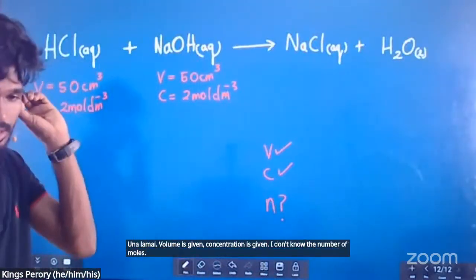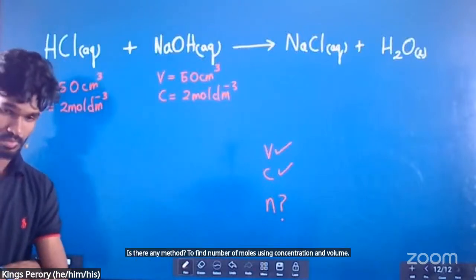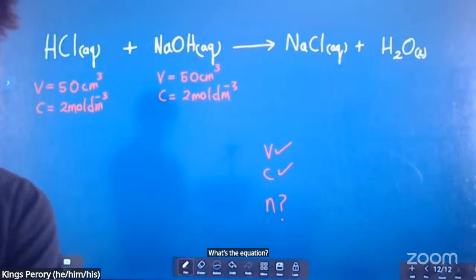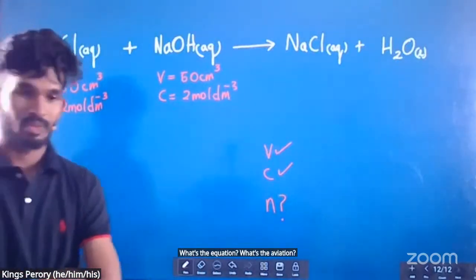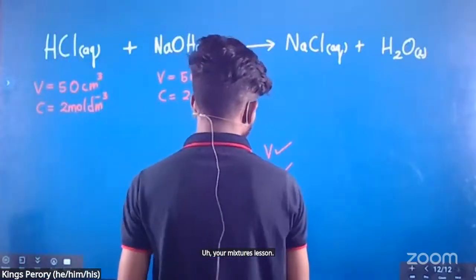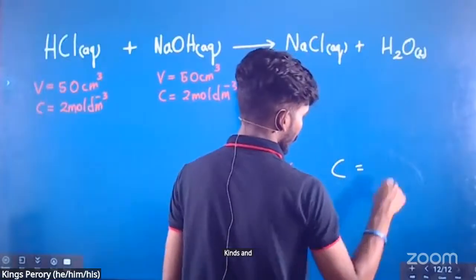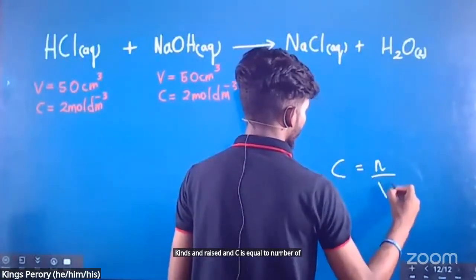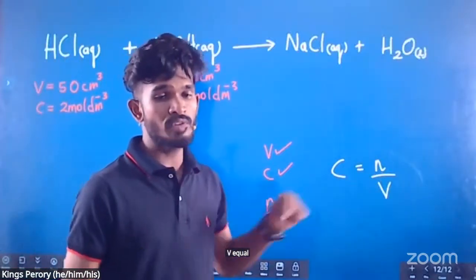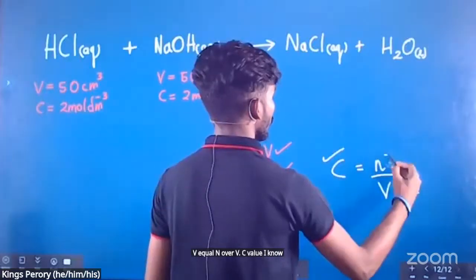Is there any method to find the number of moles using concentration and volume? What's the equation? It's from your mixtures lesson. Concentration C is equal to number of moles n divided by volume V. C value I know, V value I know, so can't I find n?